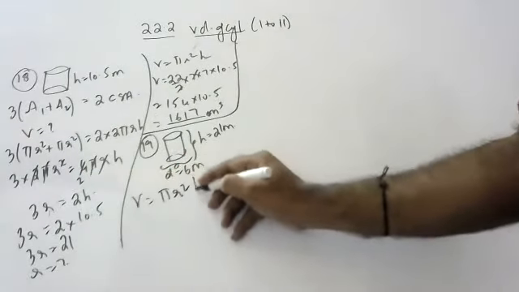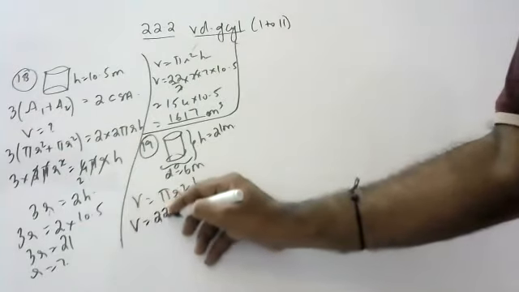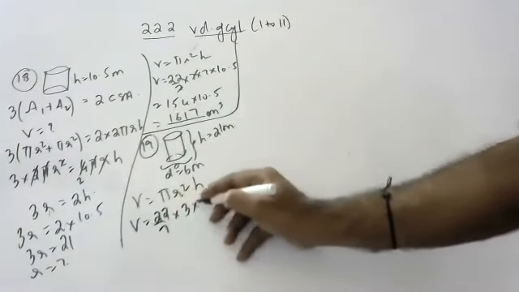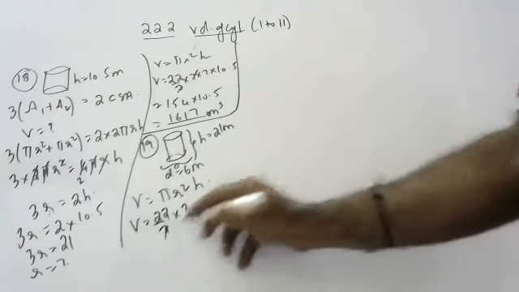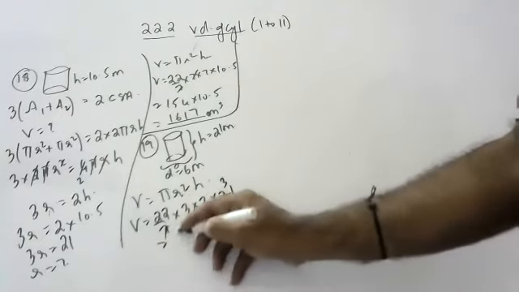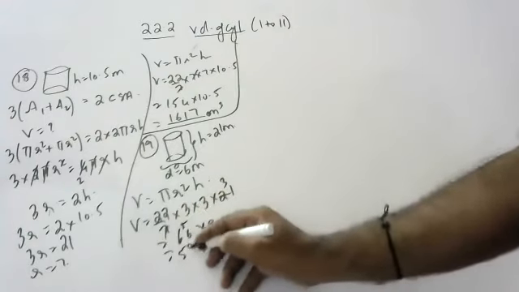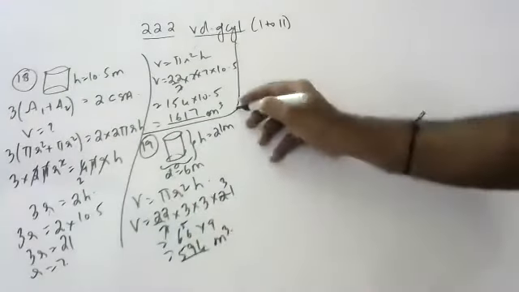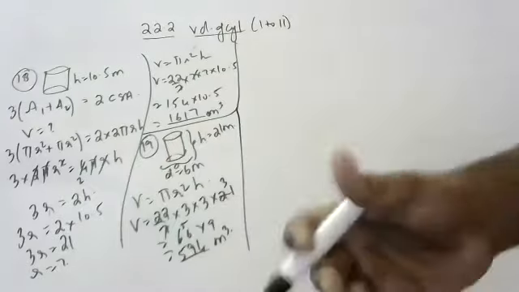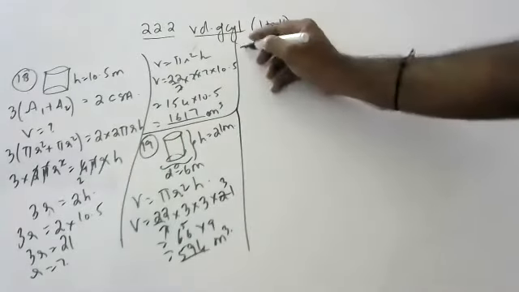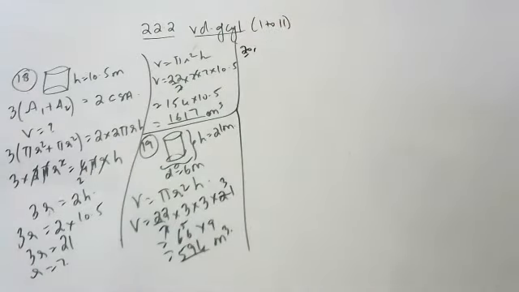Volume is equal to pi r square h, 22 by 7 into 3 into 3 into 21, which is 594 meter cube of earth must be taken out. Earth means soil, sand.